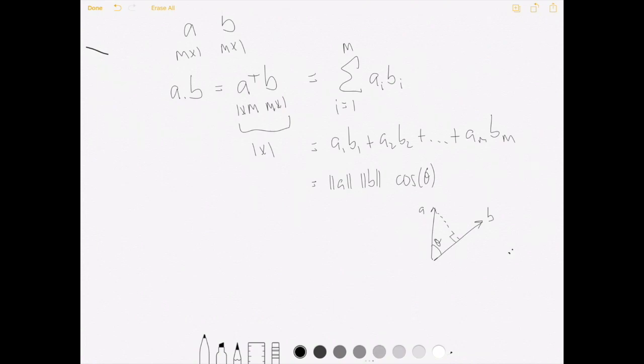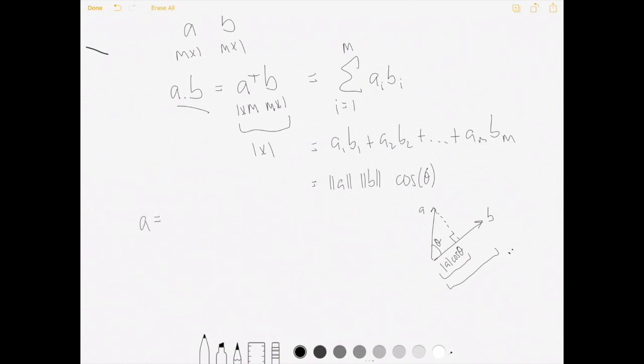This is a right angle down there, and so this is A cos theta, and we multiply that length there by that length there to get A dot B.